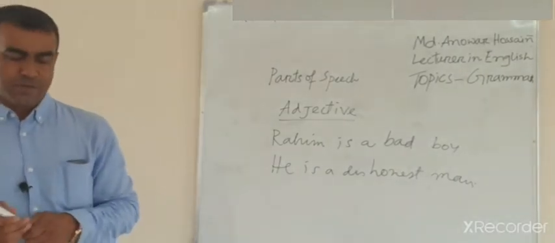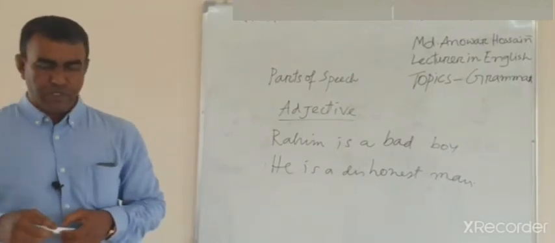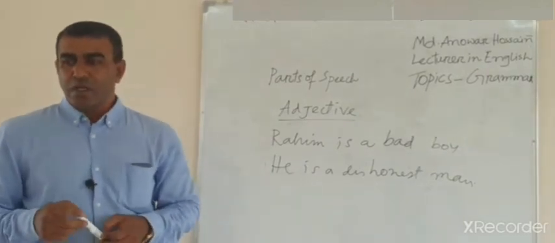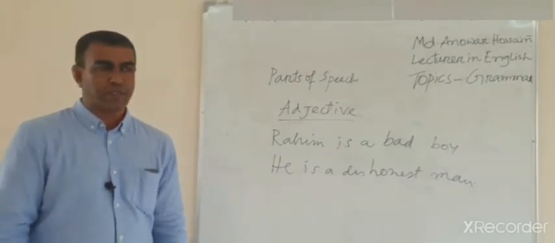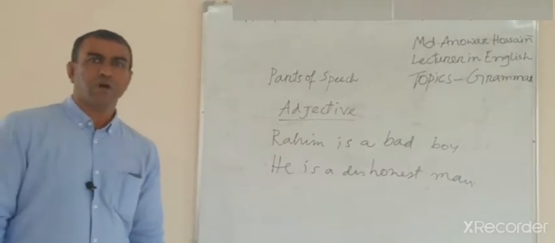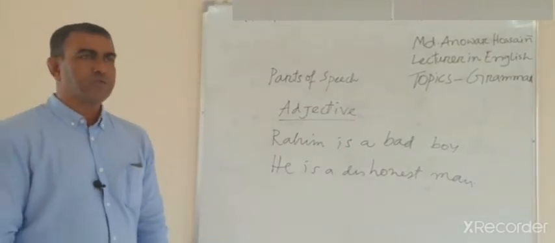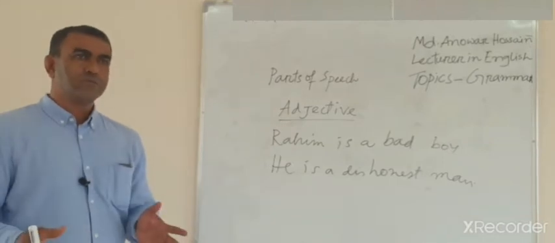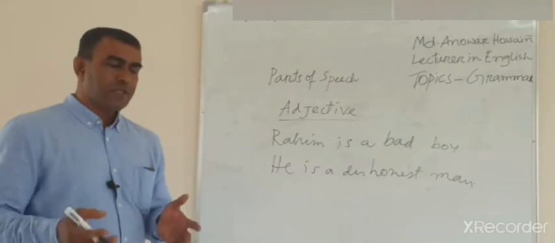Next comes verbs. What is a verb? We have to know what a verb is. Verbs express action or state of being. What action is, we know. Whatever things we do in our practical life is a verb.